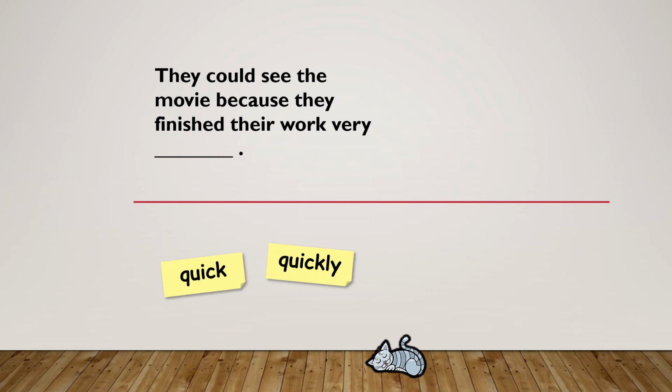They could see the movie because they finished the work very... Please think. Attention. Are we describing a person or how an action was done? Of course, we are describing how they finished. They could see the movie because they finished the work very quickly.